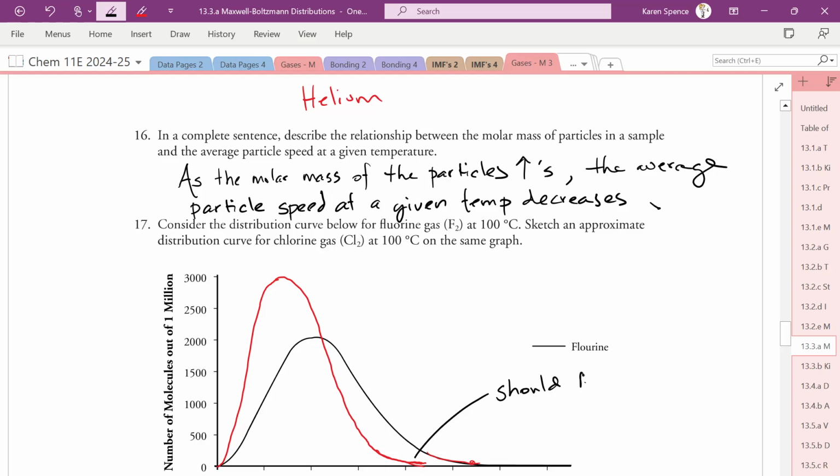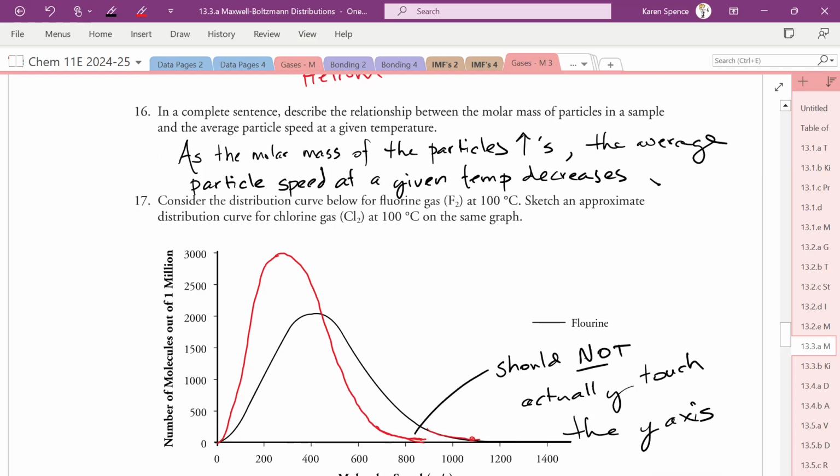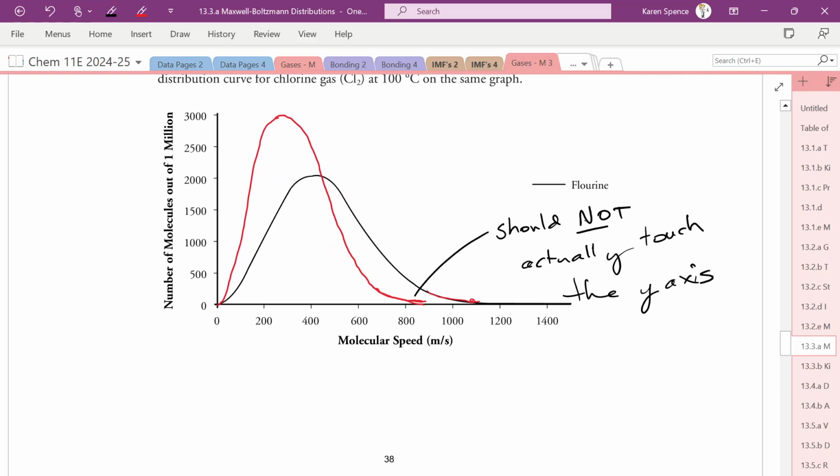So it should not actually touch the x-axis. Excellent. That's better. None of them touch the x-axis.